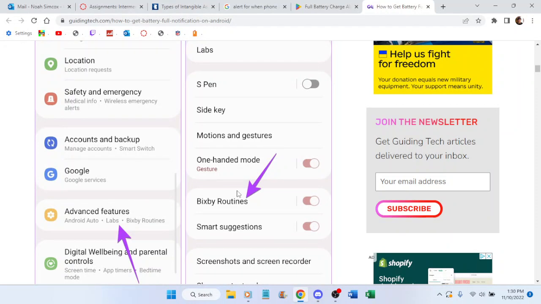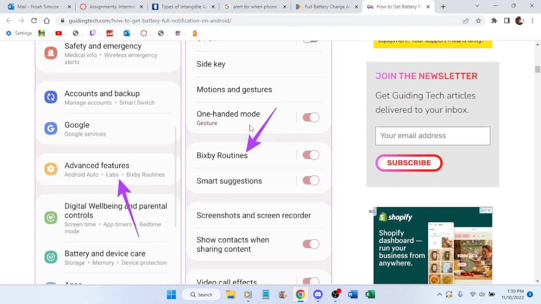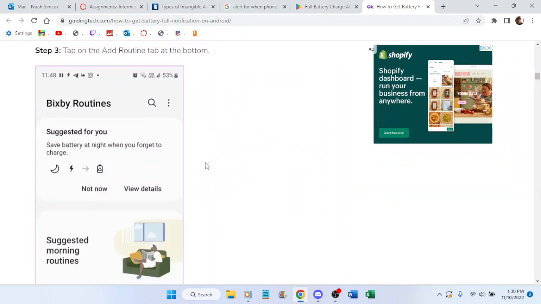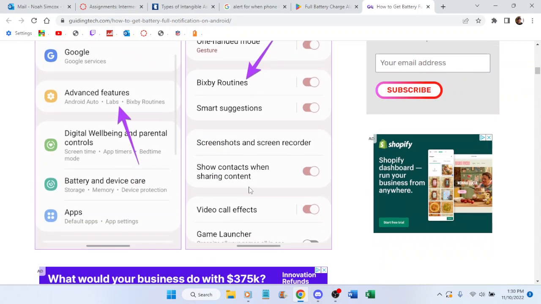Bixby. Maybe it's because I haven't enabled it yet or something. I can't even type it. Dude! I don't have it there. This is dumb. How do you not have it? Maybe it's under a different setting. How is Bixby not here?